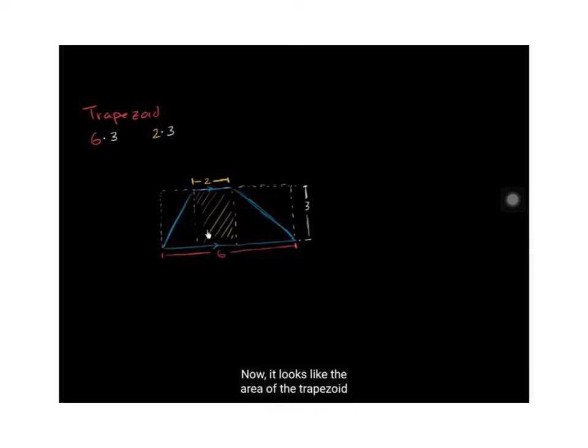Now, it looks like the area of the trapezoid should be in between these two numbers. Maybe it should be exactly halfway in between. Because when you look at the area difference between the two rectangles, let me color that in. This is the area difference on the left-hand side, and this is the area difference on the right-hand side.